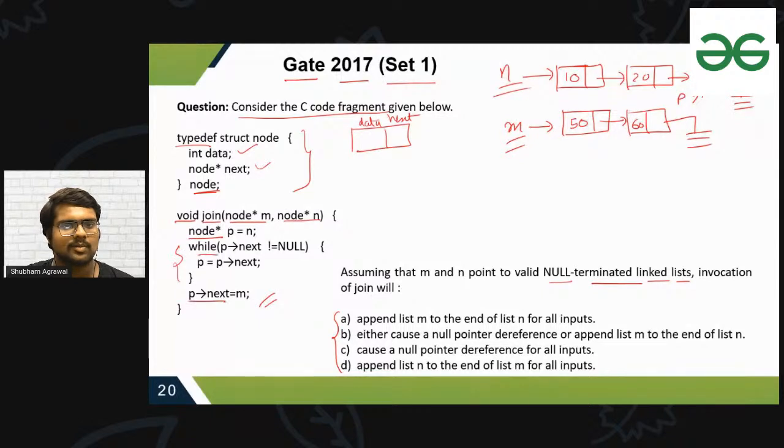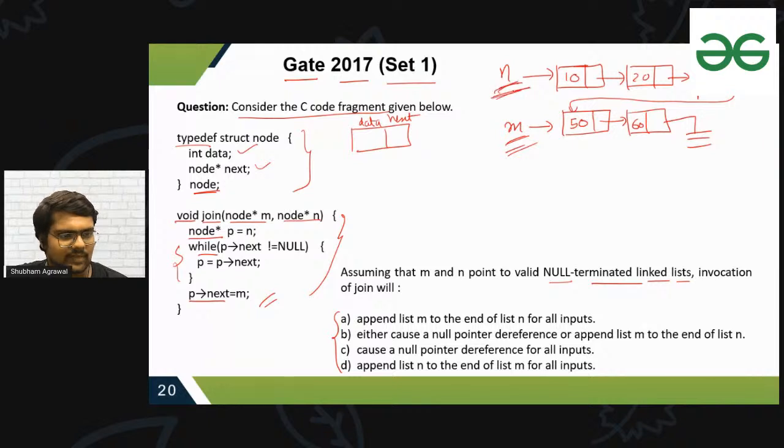So p of next will point to m. After the execution of this code, list n and list m are appended. So list m is appended after list n.